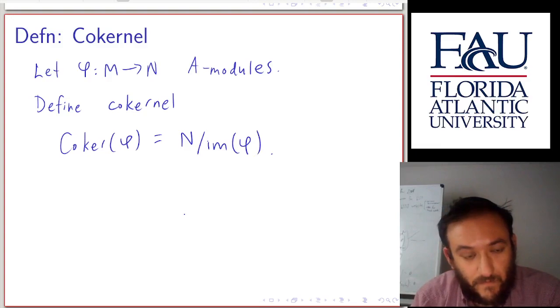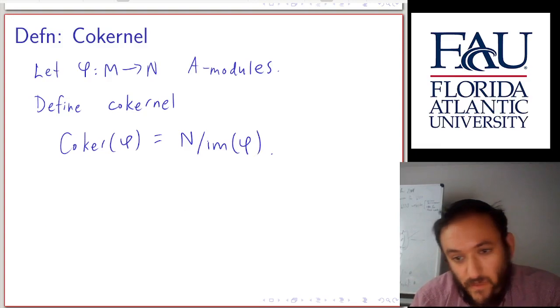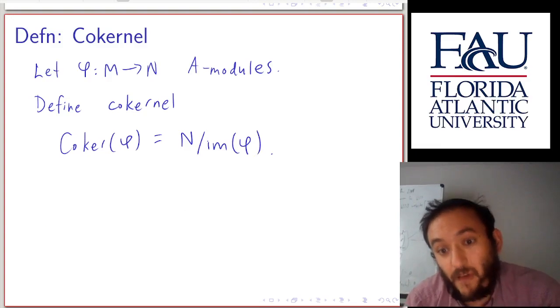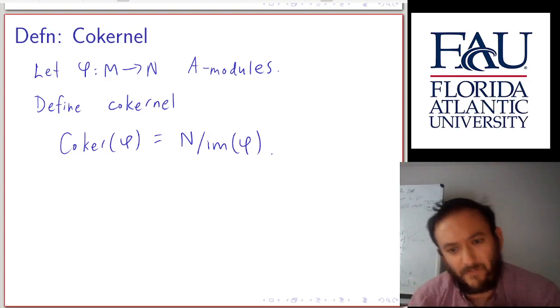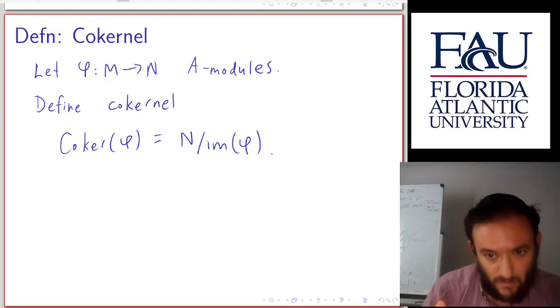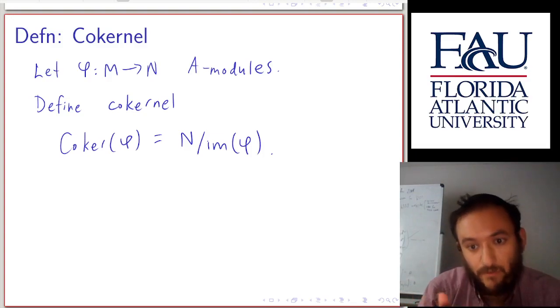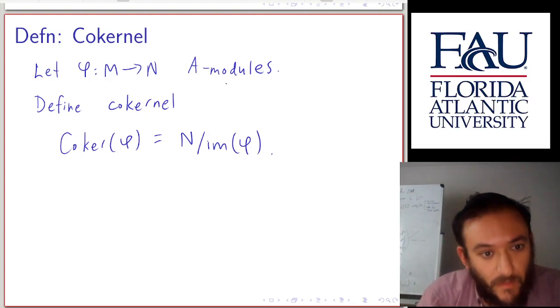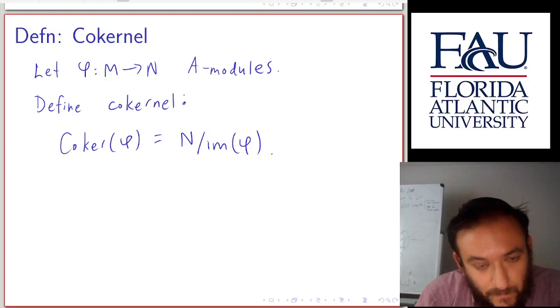Okay. So you can think of this as stuff that's not mapped onto, or kind of the complementary submodule to the stuff that's in the image. You have the complementary submodule, and together they span the whole module.